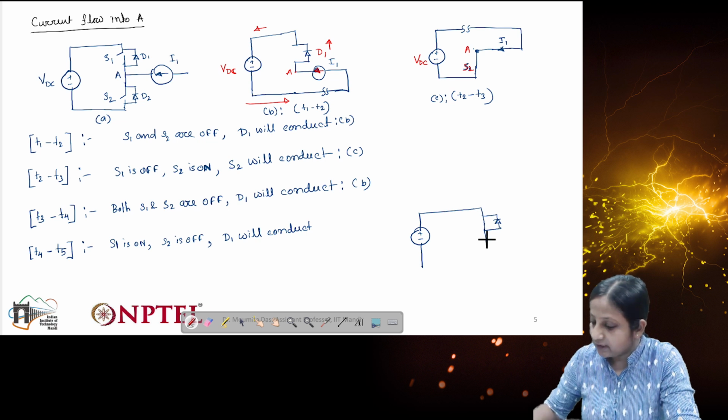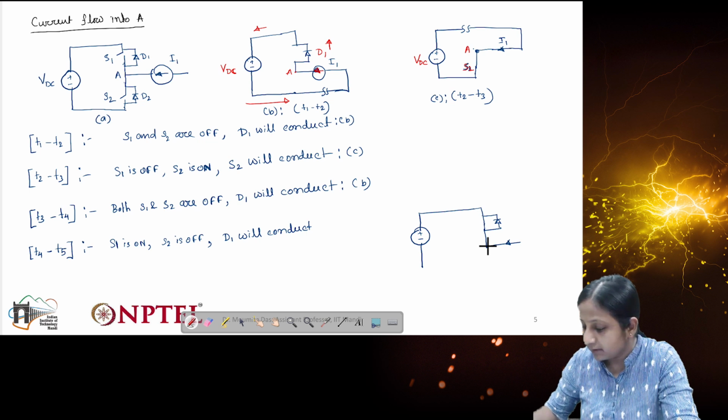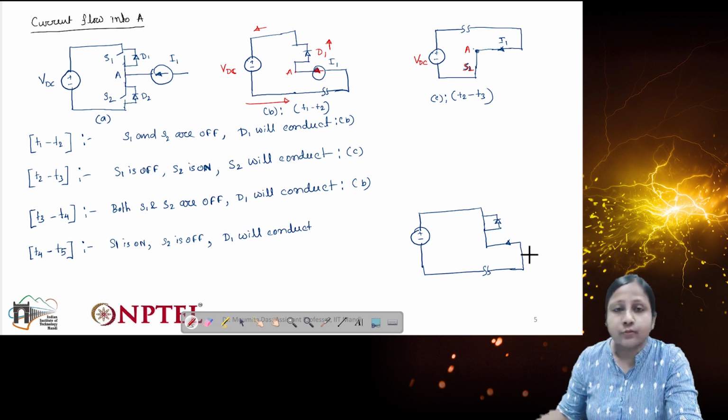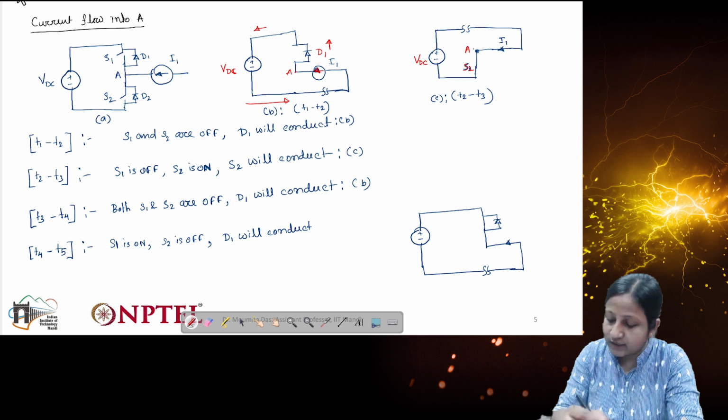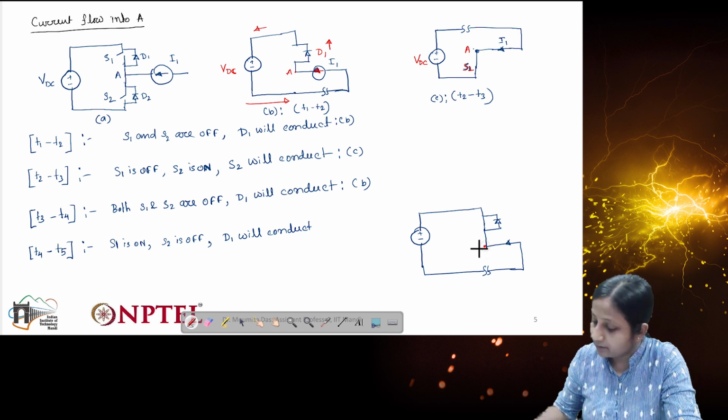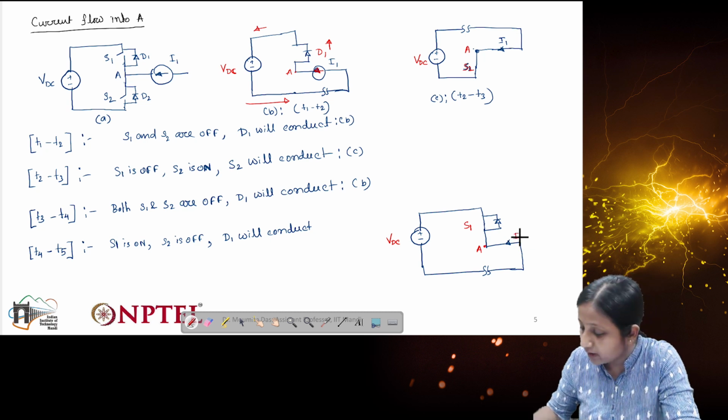In this case the current will be entering into A, and the return path will have an additional network from the circuit. You can see here, this is A, this is VDC, and this is switch S1. The same current which we are denoting as I1 will flow through both the switch and the diode.